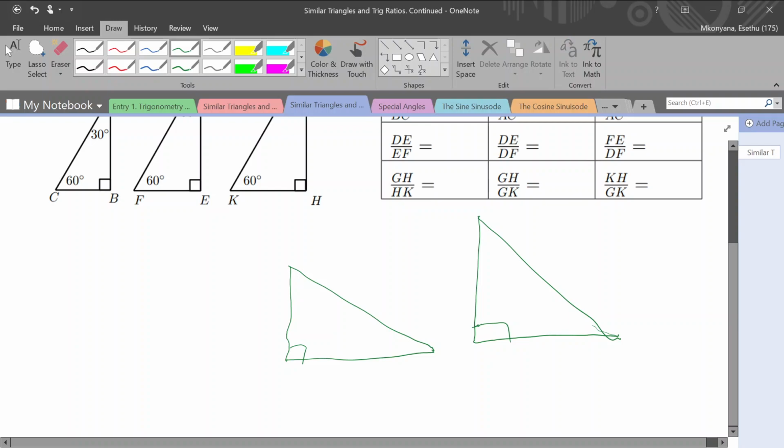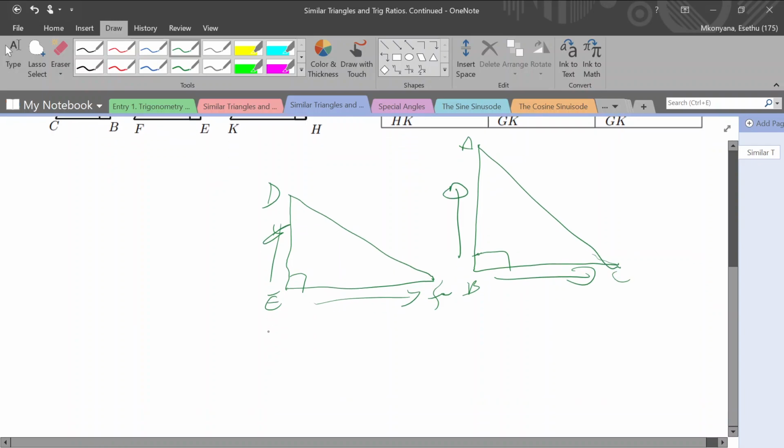Once you've connected those lines, I said to label these A, B, C, and then D, E, F. Then measure this side and that side, and divide DE by EF, and this should be exactly equal to AB divided by BC.